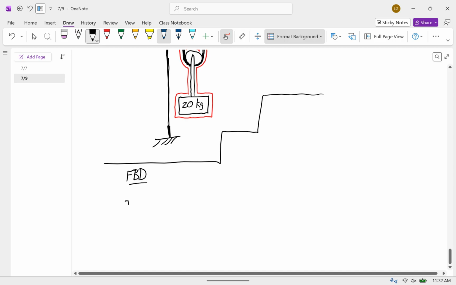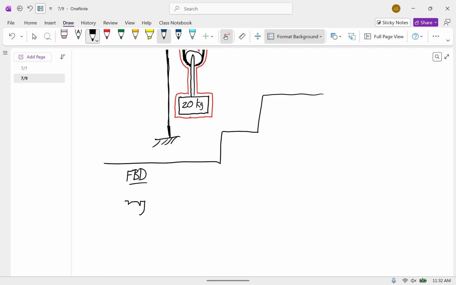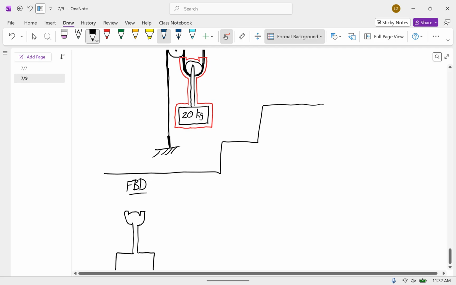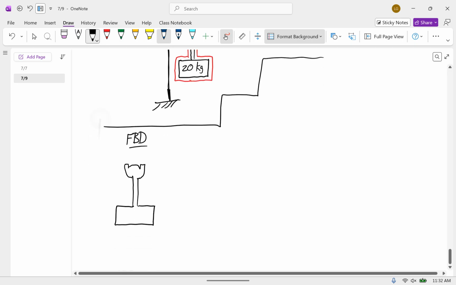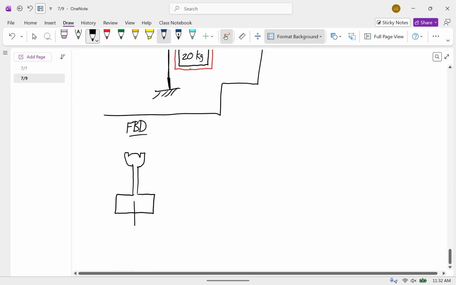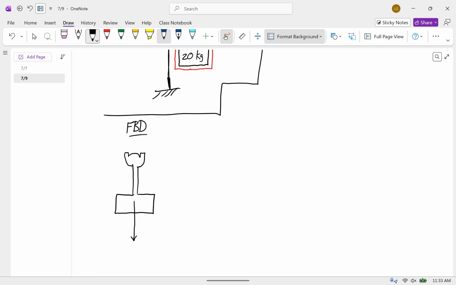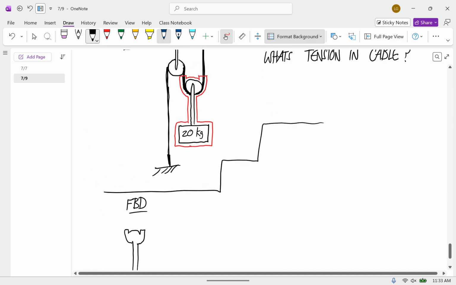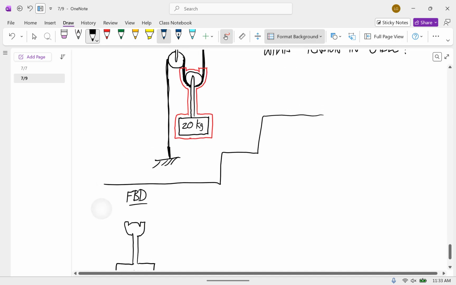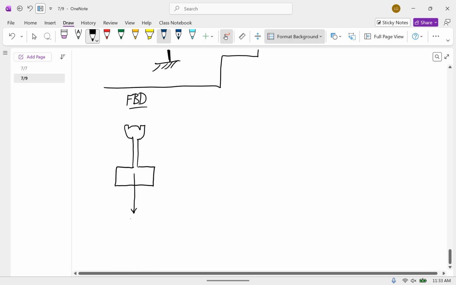Okay, so if I draw a free body diagram or draw an outline of all the stuff in the red, it looks like this. There is a weight. We're using ideal pulleys right now, which means it's frictionless, massless. So the only mass contributing to the weight of everything in here is the 20 kilograms. 20 times 9.81 is 196.2 newtons.